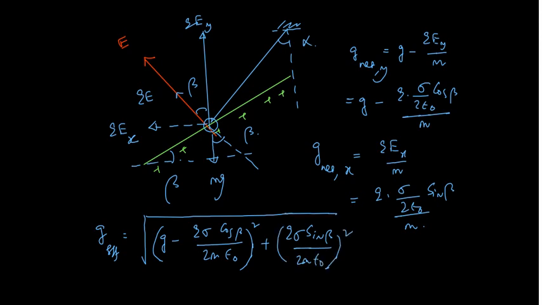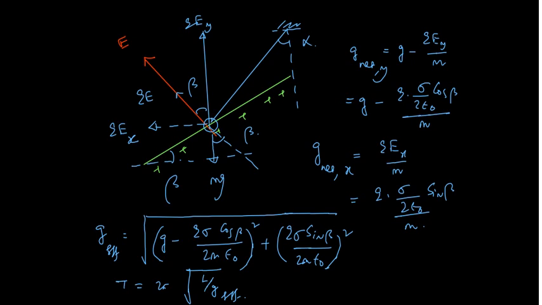So this is g effective. Once we get the value of g effective, next thing is what? Simple, T equal to 2 pi root under of L by g effective. So this is somewhat a little bit different, correct? I hope you could understand.